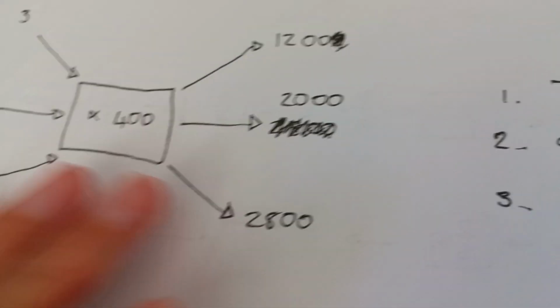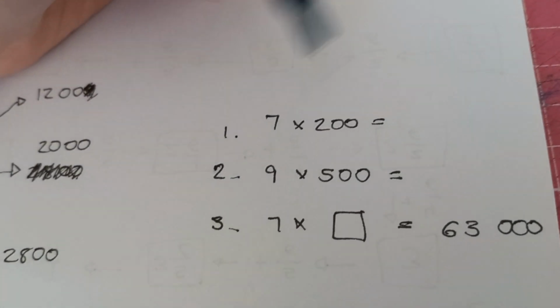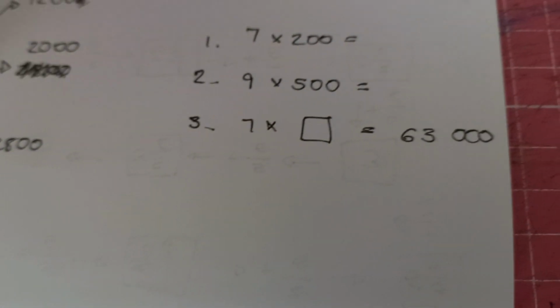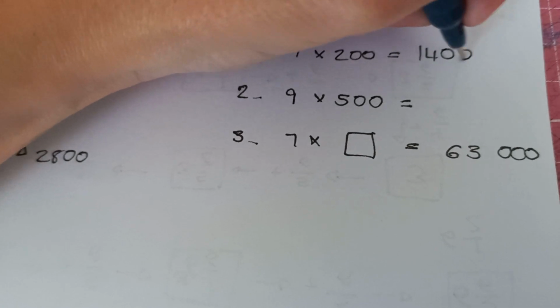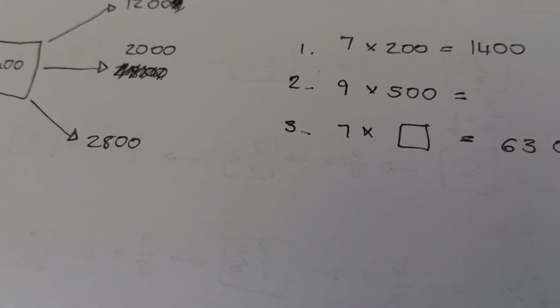Okay, so what they're trying to teach you is that multiplication and division are inverse operations. So here, if you wanted to work something like this out, you block out the zeros. 7 times 2, 14, you add the zeros back. 9 times 5, that will give you 45, I believe.